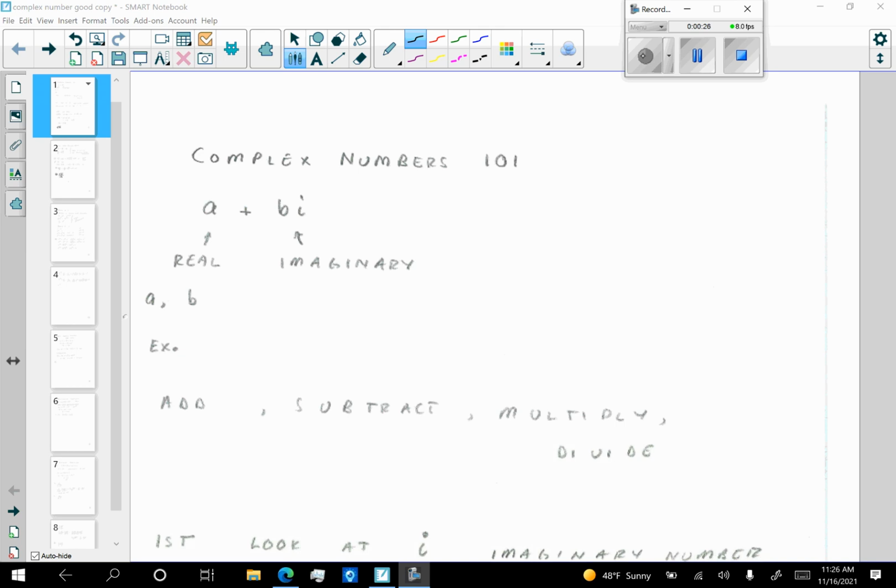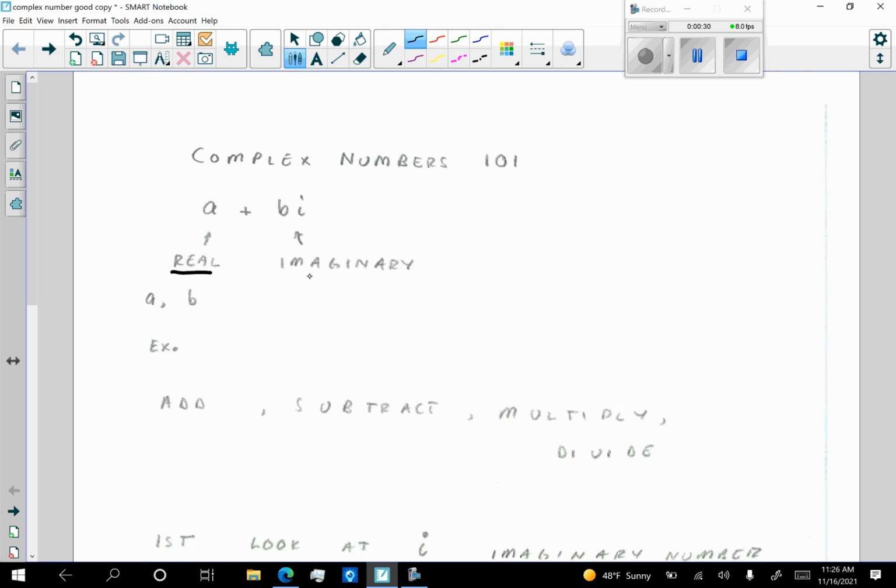It's a number that has a real part and an imaginary part. Okay? You will see these complex numbers in the form a plus bi, where a and b are real numbers, and this imaginary number i. So i is the imaginary number.